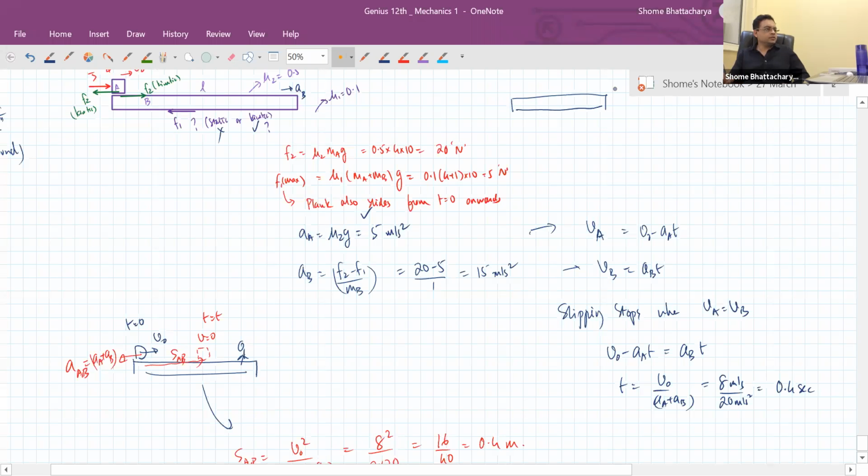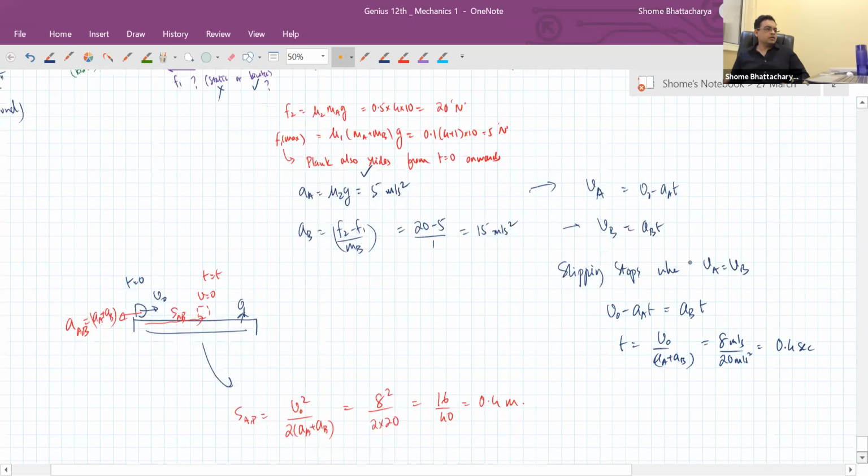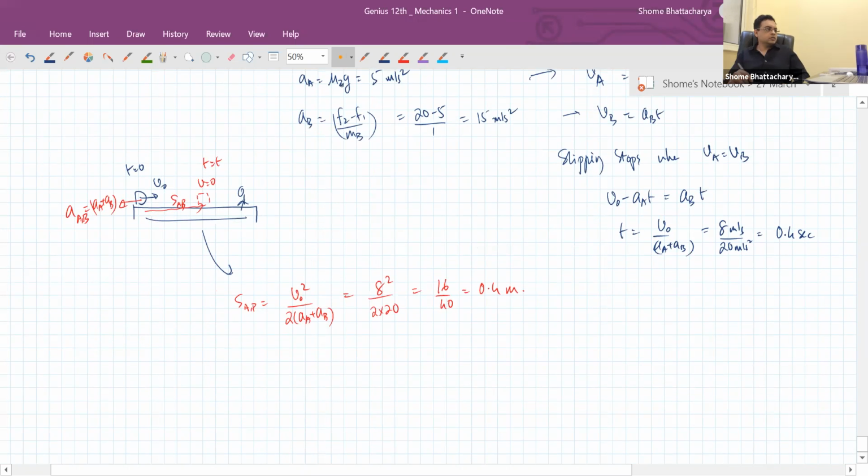A is very simple, son. Only one friction is acting on A, this kinetic friction. Okay, good. B you got, Nishit? Sorry, I was saying something is wrong here. Yeah, this is 64 by 40. So this will be 0.16 or 1.6.